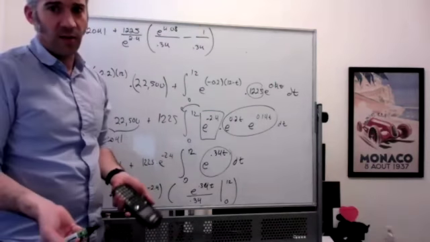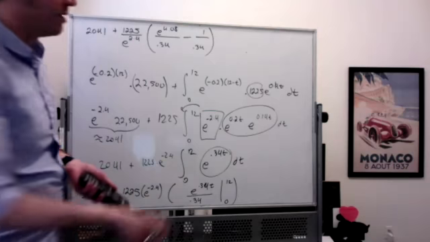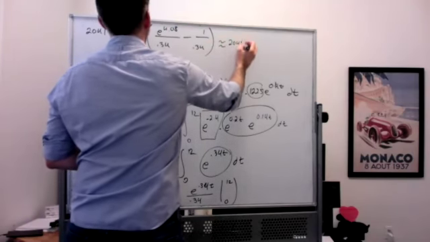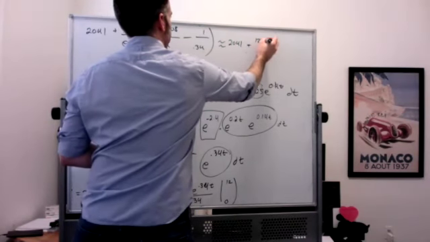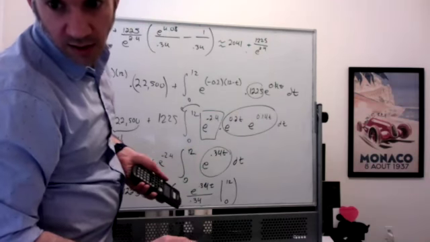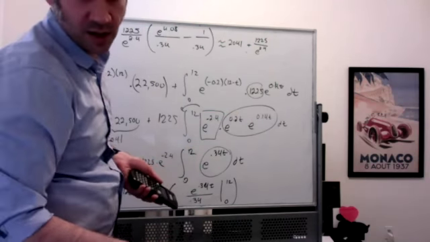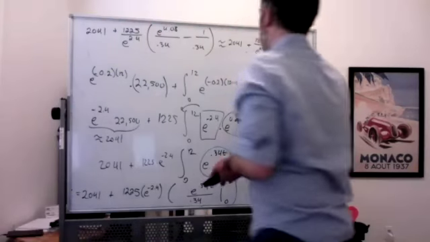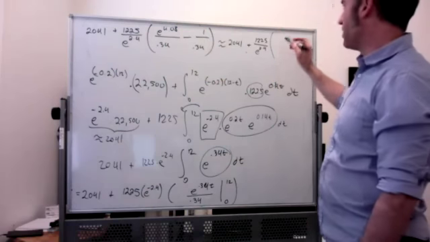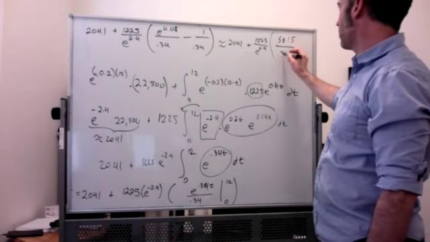And the rest of this problem is just throwing it all into a calculator. If you do that, you're going to get approximately 2041 plus 1225 over e to the 2.4. Oh, that's interesting. Oh, no, I see. And then this number here is about 58.15 divided by 0.34.